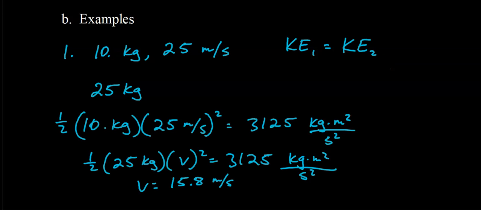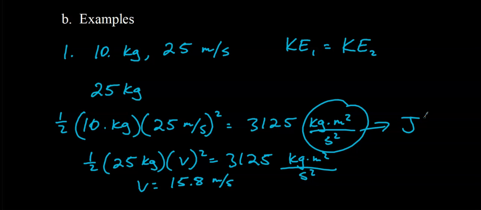This isn't the most efficient setup, but I wanted to break it up into steps for you. So first, calculate the kinetic energy of the 10 kilogram object. We get, I'm not worried about sig figs here, 3,125 kilogram meters squared per second squared, which actually is the same thing as a joule, the SI unit of energy.